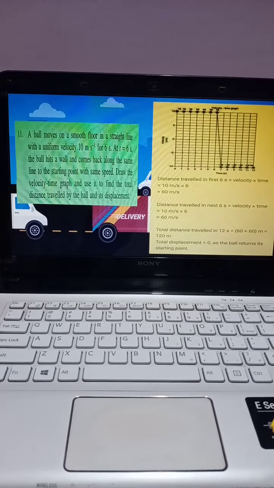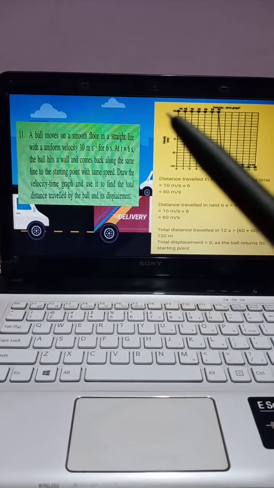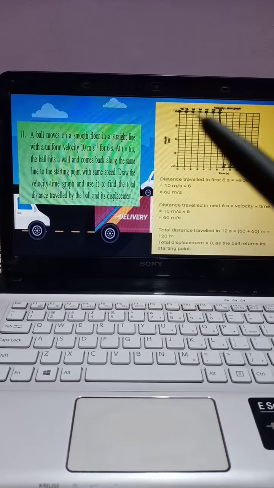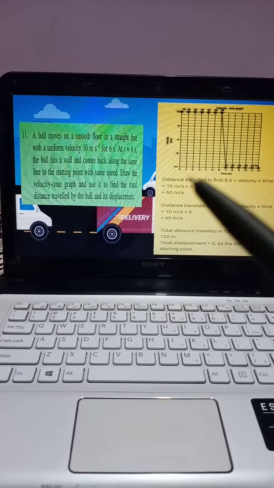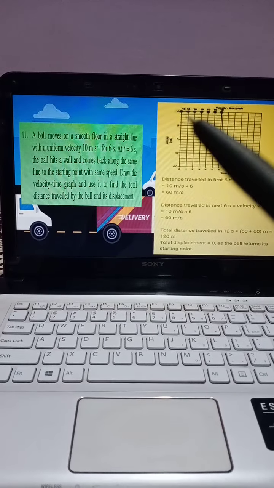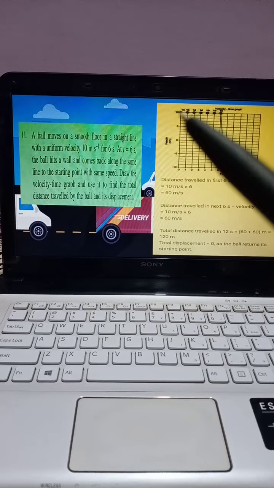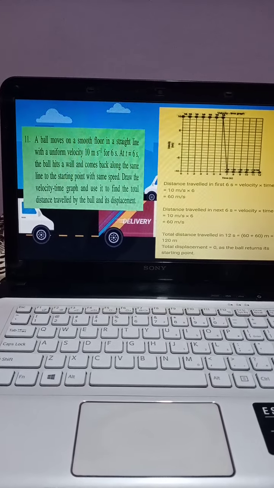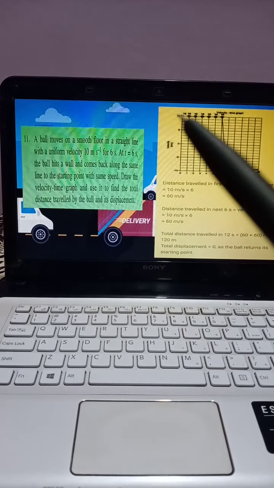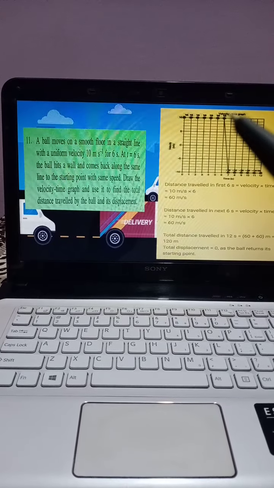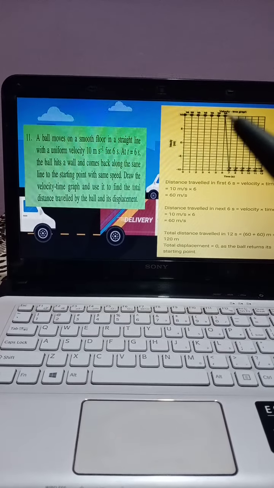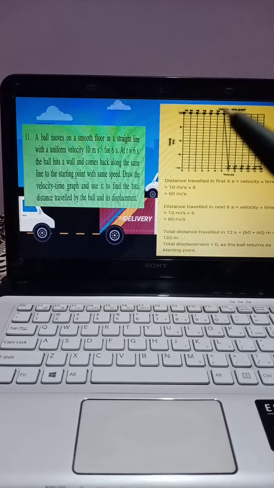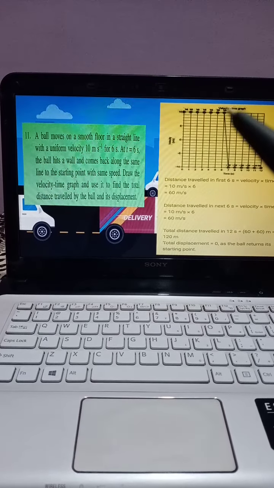The ball has started its motion with 10 meter per second. Suppose this is the velocity time graph, and from here to here this quadrant shows 10 meter per second. When the ball starts, it starts with its velocity of 10 meter per second. Then at this junction, at the 6th second, the ball hits the wall and returns back.